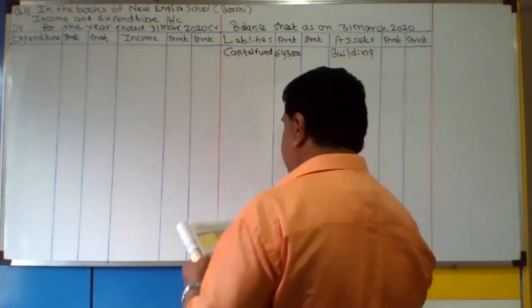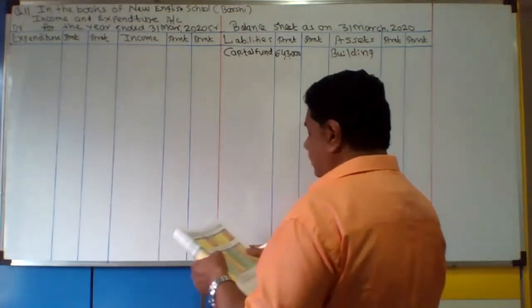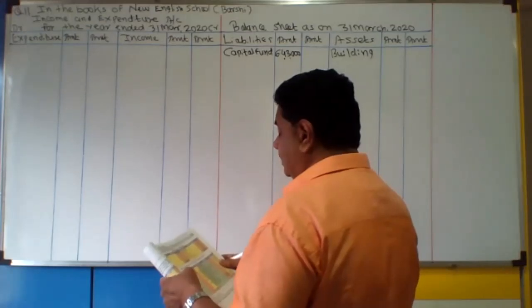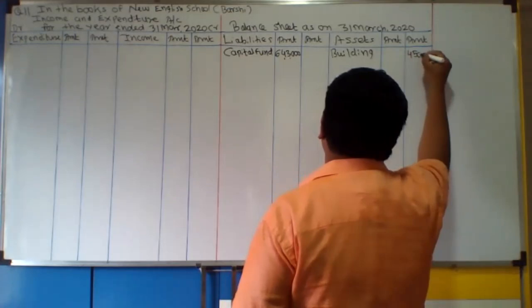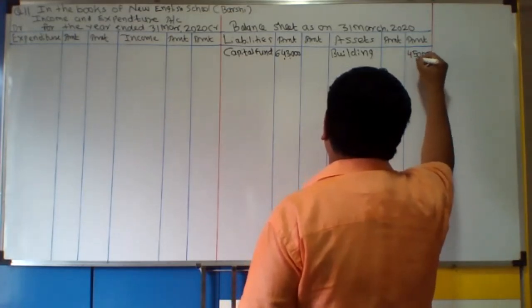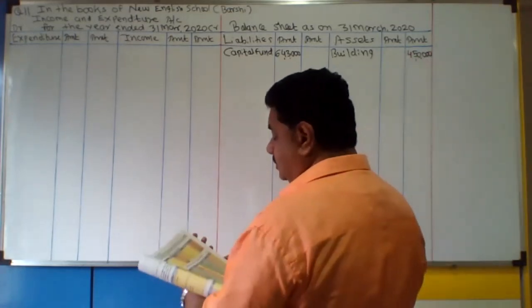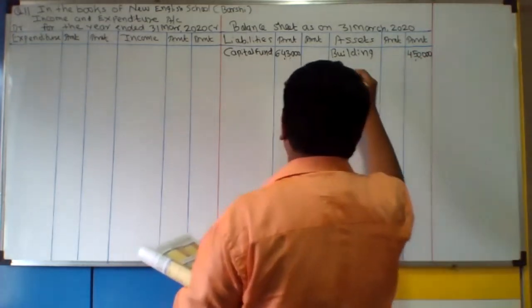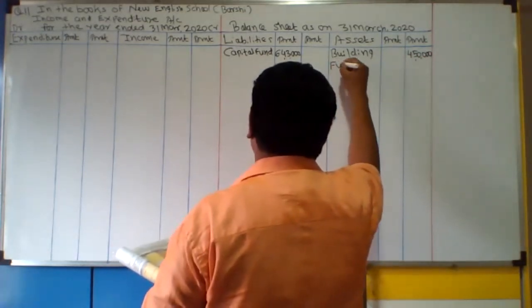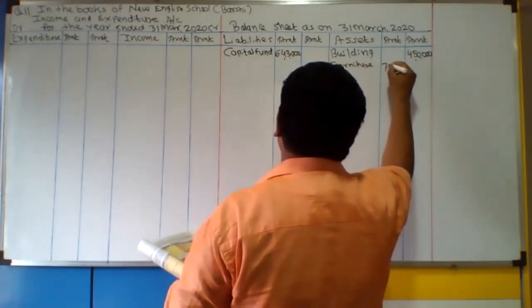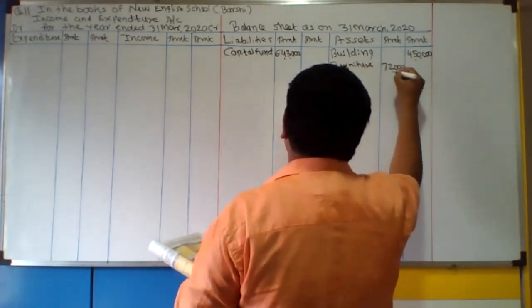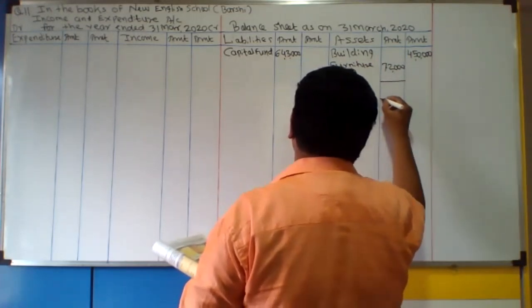Building in the outer column, it is amounting to rupees 4,50,000. Then furniture, inner column, 72,000. Furniture ला दोन आहेत. एक purchase केलं, one is purchase, one is depreciated.